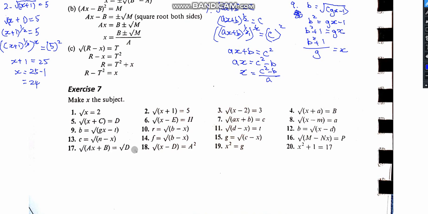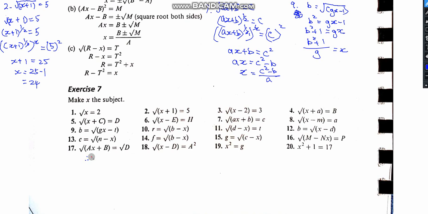Now let's look at something more complicated. What about this? This 17. This is square root (ax plus b) equal to square root d. Now, this square root is equal to the square root of this. Both are also square roots, so whatever is inside the square root must be the same.